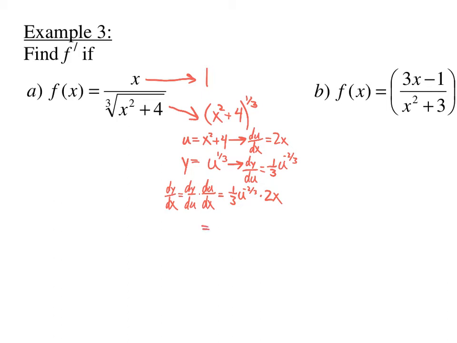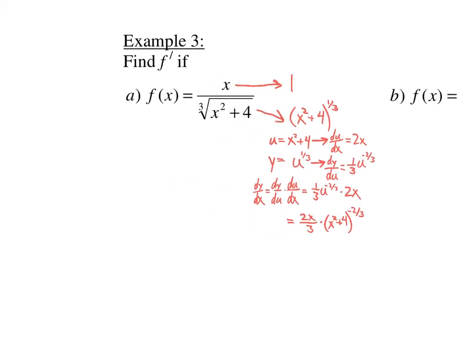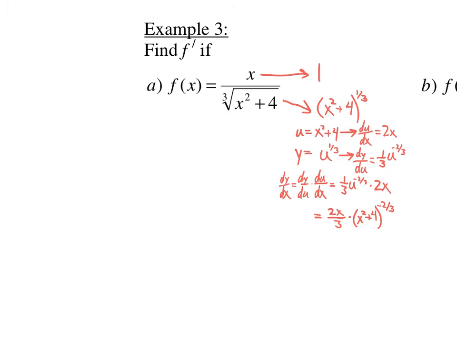All right, so I'm going to rewrite this as 2x over 3 times the u, an x squared plus 4, and that's to the negative 2/3 power. Okay? So now I have the derivative of the top, I have the derivative of the bottom. Had to go through a lot of work to get there, but I have the derivative of the bottom now, and now I can use the quotient rule.